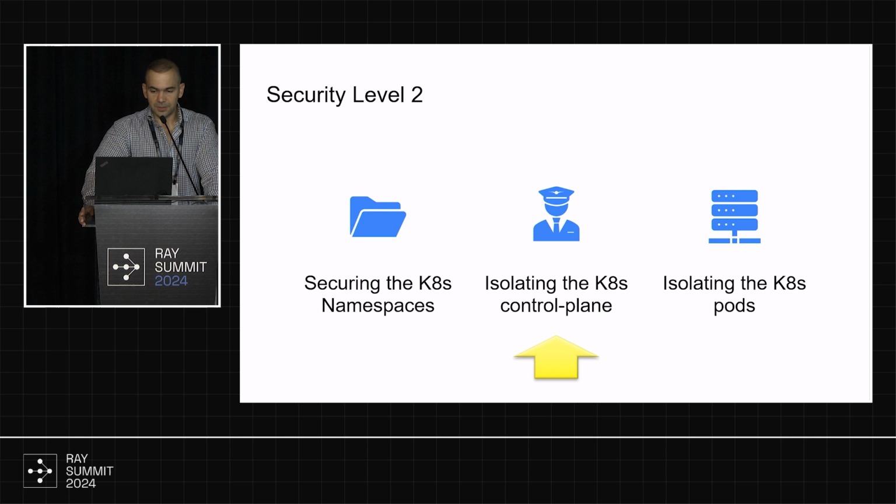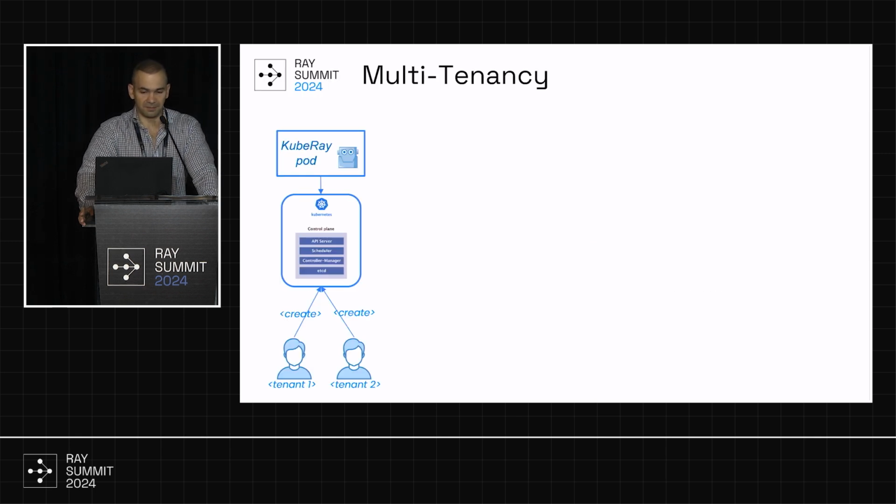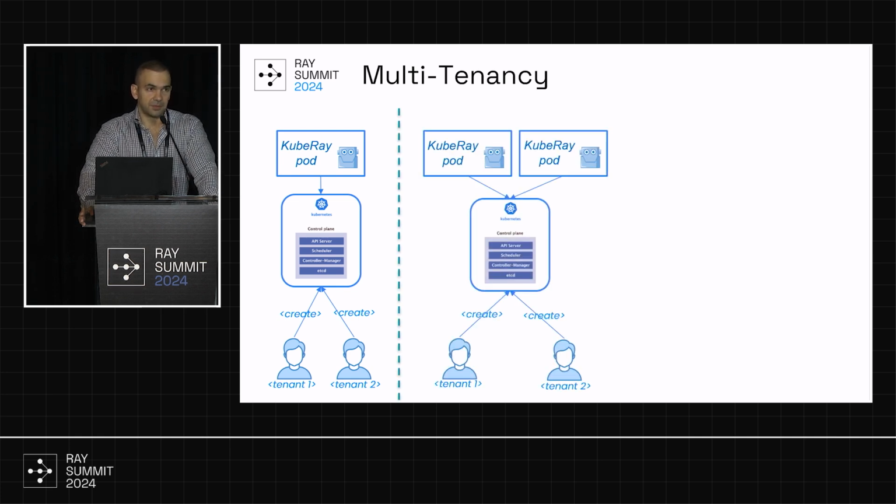The second level is to isolate the Kubernetes control plane. What we discussed so far, we could have multiple tenants interacting with a control plane to create Ray clusters. However, you could easily envision another scenario where you want to make sure that the KubeRay itself is not shared. And you create a different KubeRay per tenant.